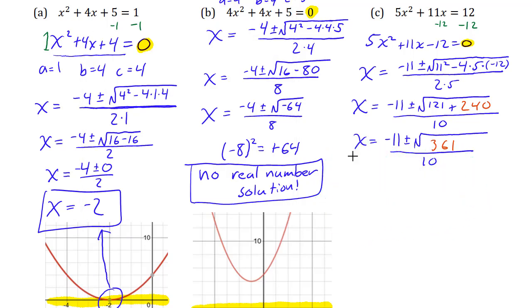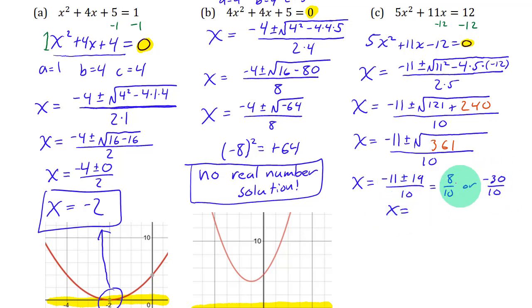This is going to become x equals negative 11 plus or minus 19 over 10. So let's see, negative 11 plus 19 is going to be 8. Or if you do negative 11 minus 19, that will give you negative 30 over 10.